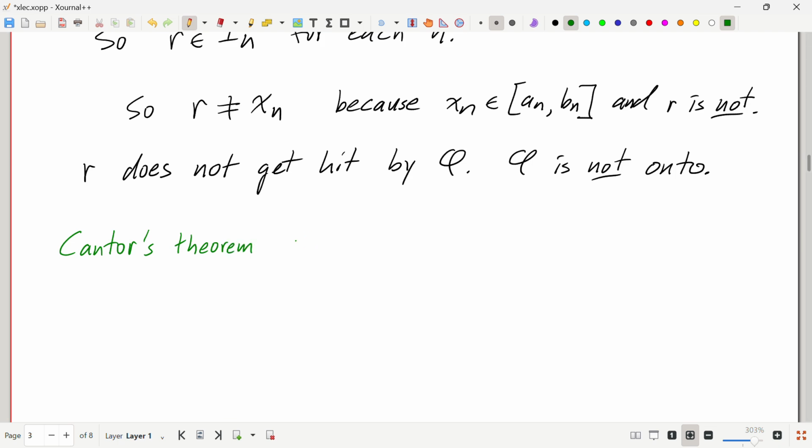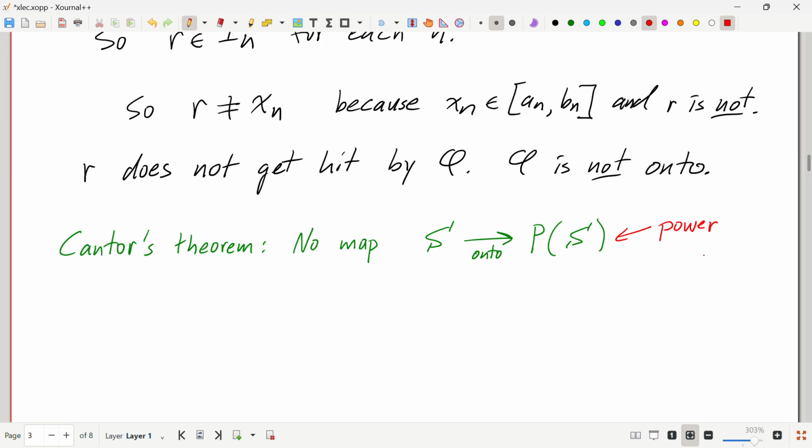The power set of S is strictly bigger, a bigger infinity. Cantor's theorem was there's no map from S onto the power set. That's what I showed.